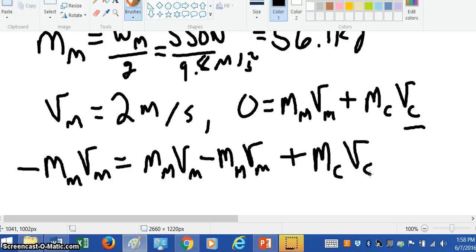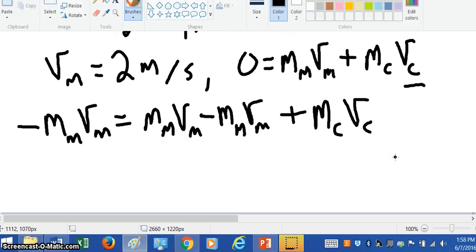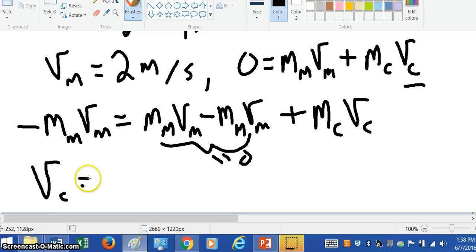Okay, so kind of the last step. Remember, this is 0. These two combined equal 0. So now we just have to solve for the velocity of the child. The velocity of the child is equal to negative the mass of the mother times velocity of the mother, and all I'm doing is dividing both sides by the mass of the child.